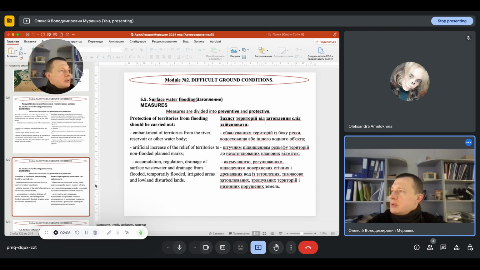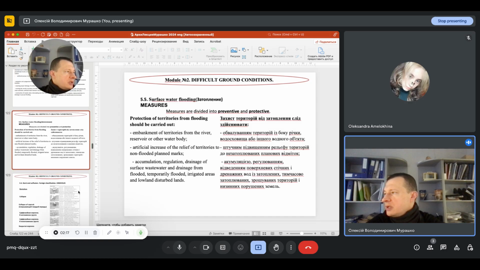Sorry. Protection of territories from flooding should be carried out by embankment of territories from the river, artificial increase of the relief, and accumulation, regulation, and drainage of the water.